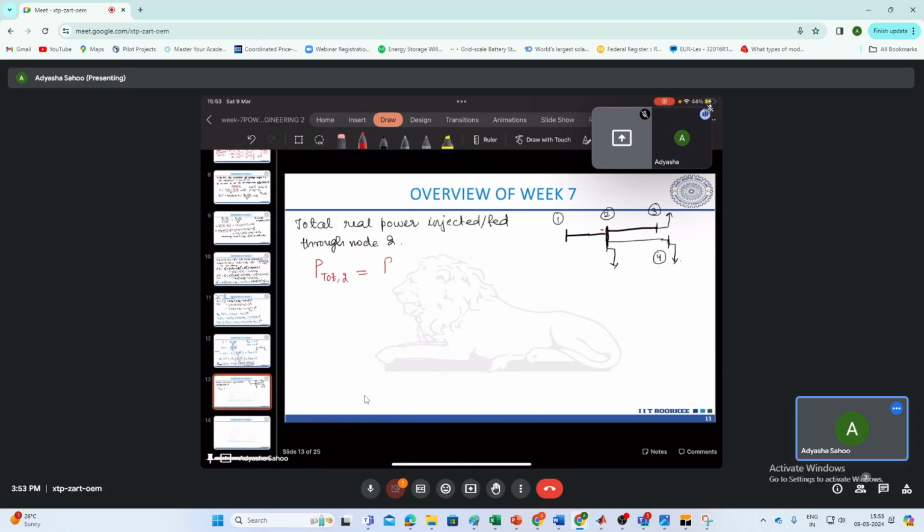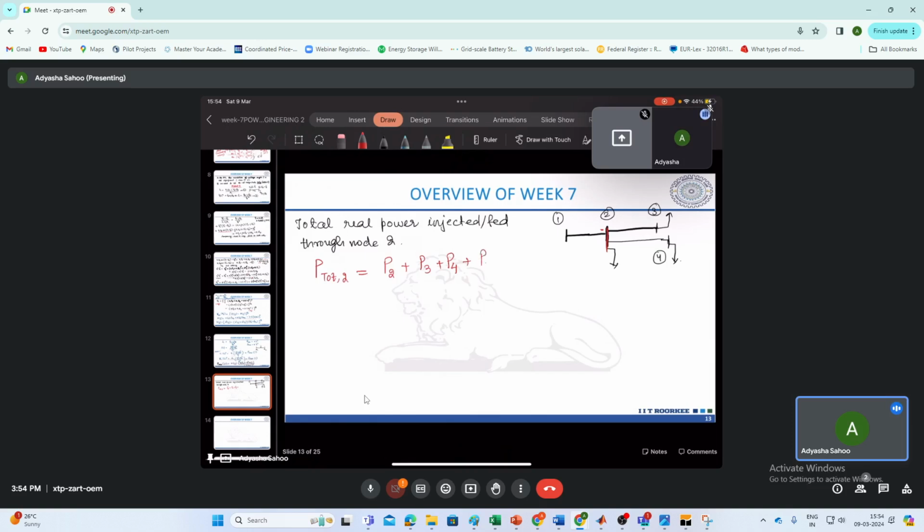So P2, that is at the same node, and then downstream nodes, that is P3 plus P4. Then additionally, along with this load, you also need to supply the losses through the lines which are downstream. So from bus 2, the branches that are downstream are branch 2 3 and branch 2 4.